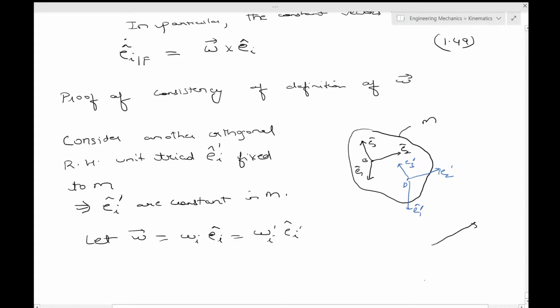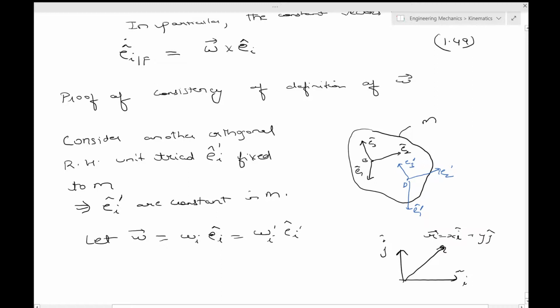You have any vector in the i and j coordinate system. Let this be r equal to x i plus y j.